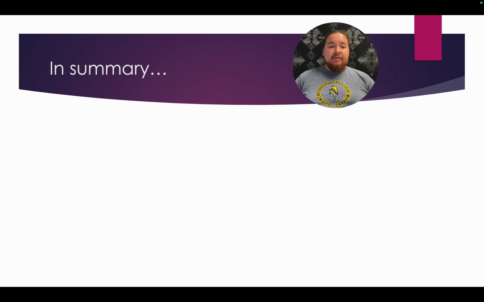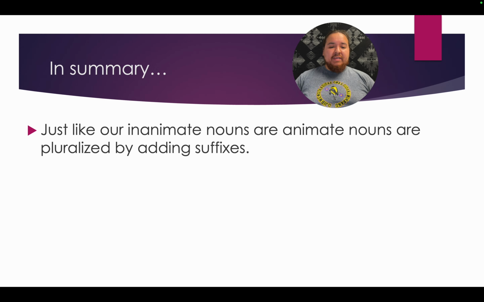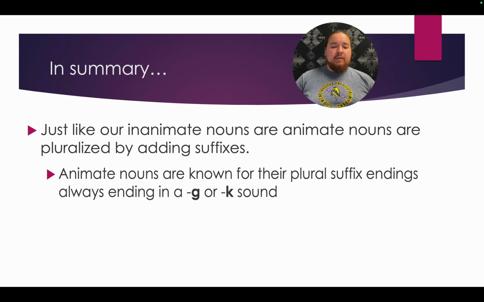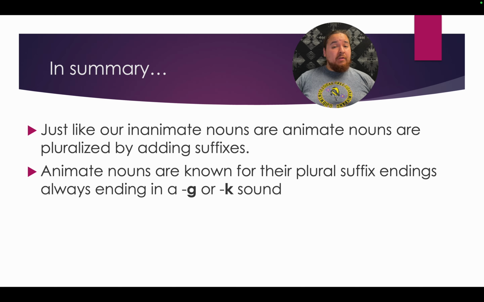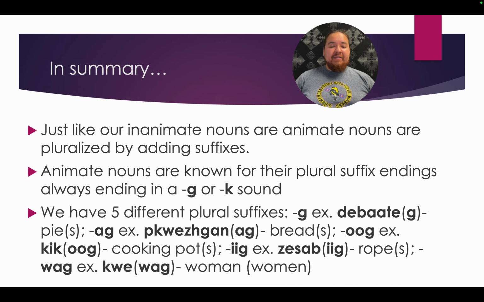So, in summary, just like our inanimate nouns, our animate nouns are pluralized by adding suffixes. Animate nouns are known for their plural suffixes ending in a G or K sound. We have 5 different plural suffixes.